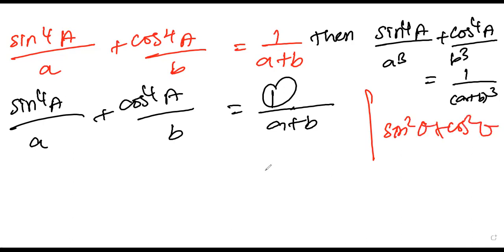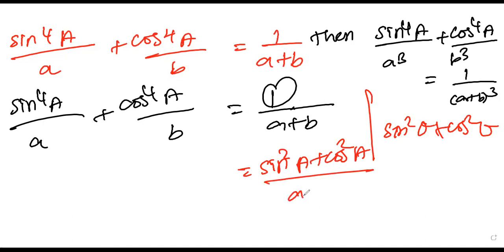So you can write 1 as (sin²A + cos²A) divided by (a + b). On the left side, you have sin⁴A / a + cos⁴A / b.